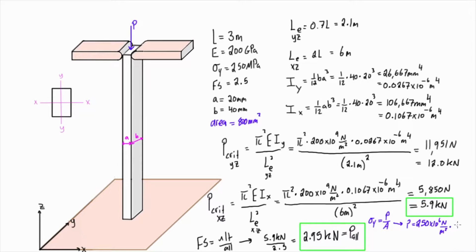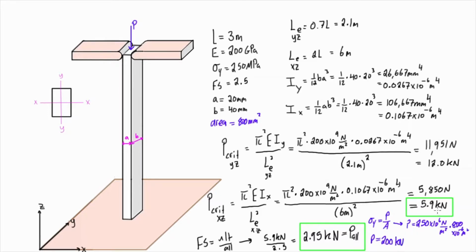In units of meters squared, that's just 800 times 10 to the minus 6 meters squared. If you multiply those two together, we find that the force is 200,000 newtons, or 200 kilonewtons.